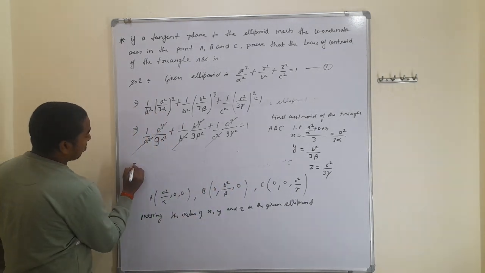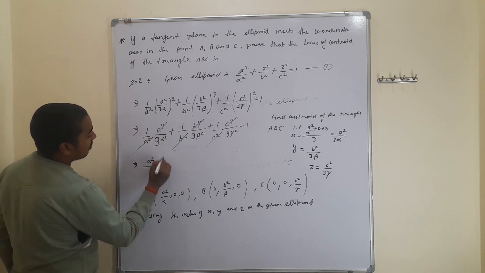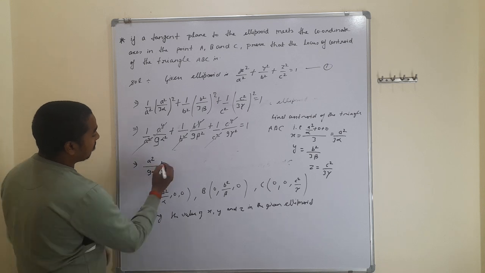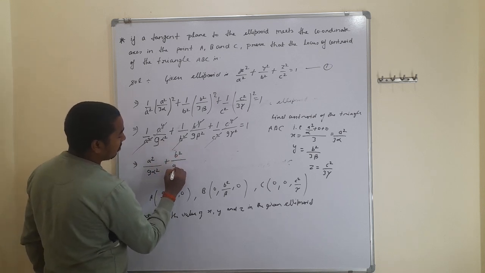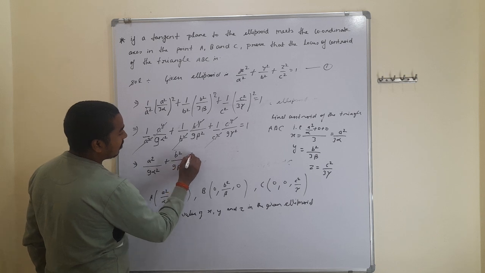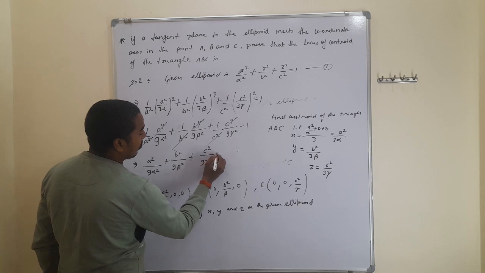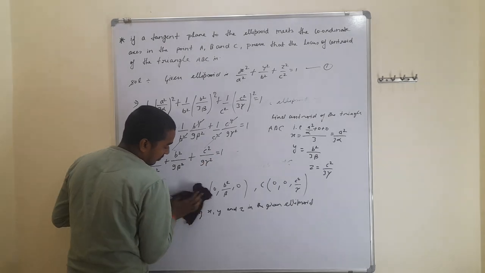Further we have to write, that is a square upon 9 alpha square plus b square upon 9 beta square plus c square upon 9 gamma square is equal to 1. We have to further proceed.